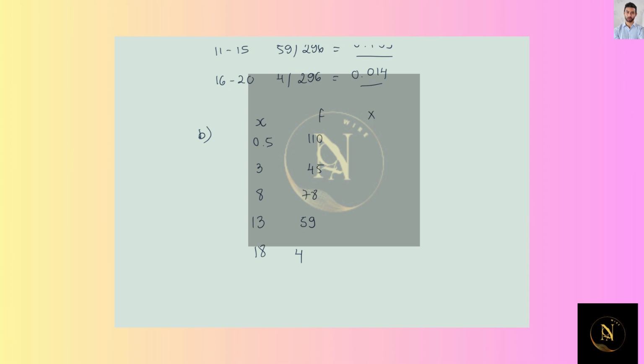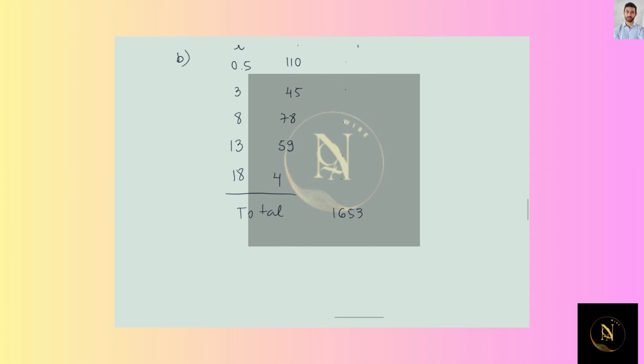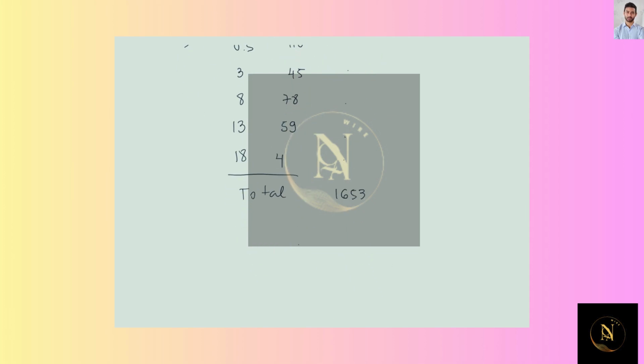So first, what we need to compute is x times f. For each one, we need to find the value here, and in the end, what we want is the total for this column after we multiply x times f. So the total here will be 1653, and that's it for now.